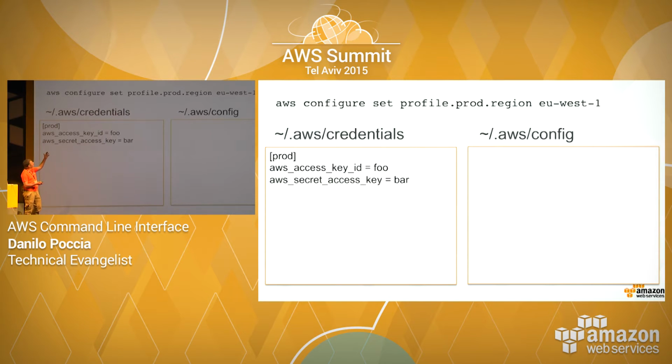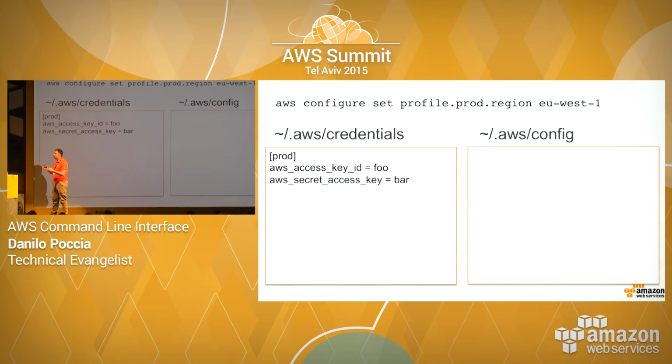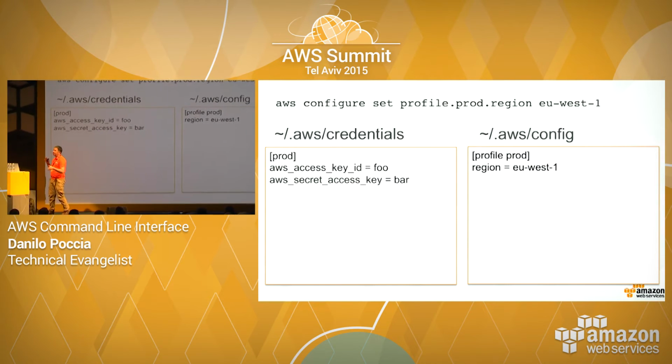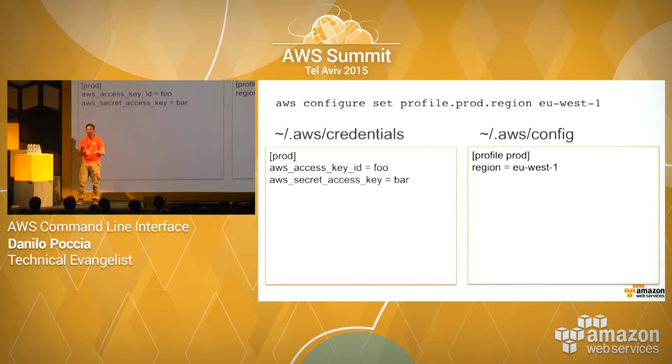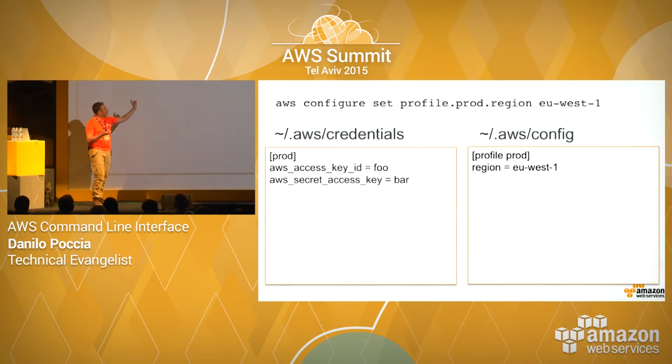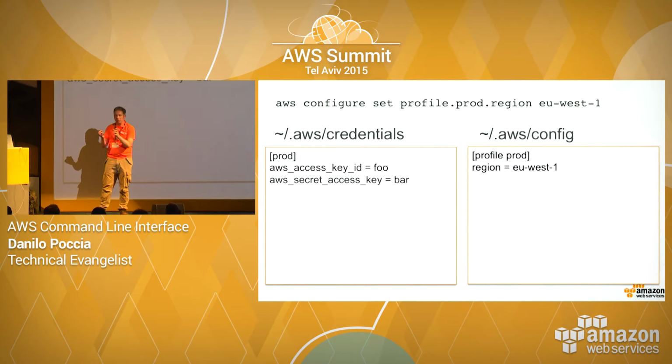But if we put, for example, the default region, so for this production profile I want to have the credentials using as the default region EU West, this goes into the AWS config. And if you see, the syntax for the profile in the config file is slightly different, because we prepend "profile" to the name of the actual profile.